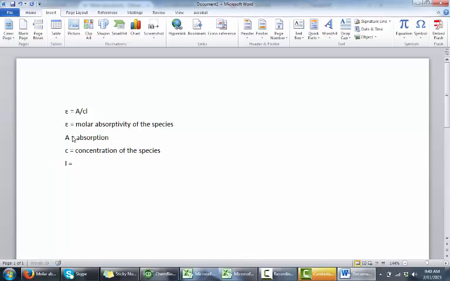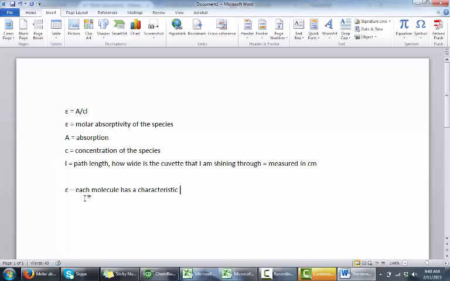L is the path length, that means how wide is the cuvette that I am shining things through, measured in centimeters. And it turns out that the molar absorptivity, this epsilon, is a constant for any given species. So each molecule has a characteristic molar absorptivity.